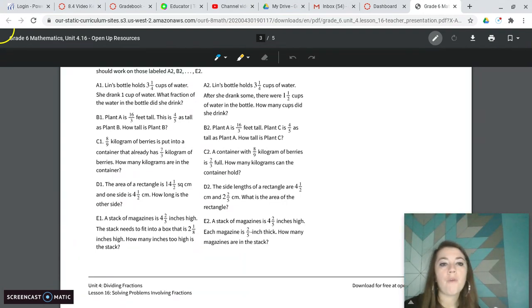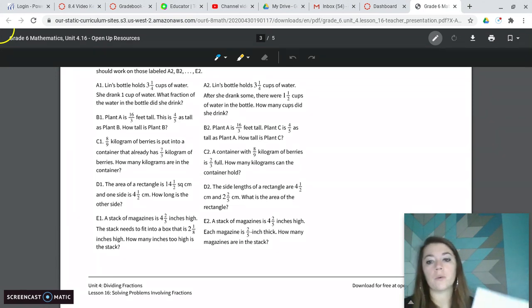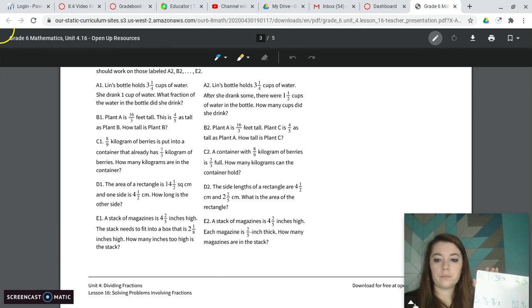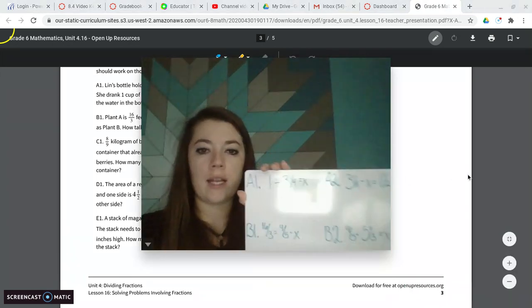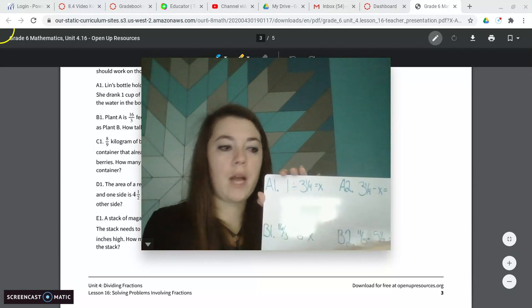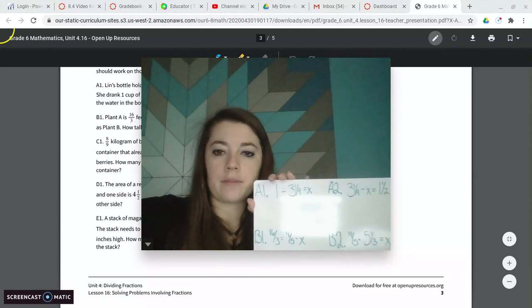She drank 1 cup out of the total of 3 1/4 cups of water, which can be represented by this equation: 1 divided by 3 1/4 cups equals x.